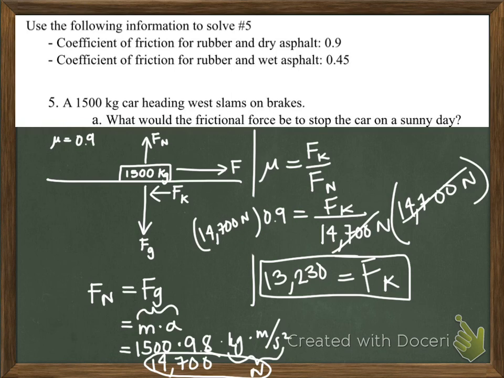Oh, I forgot the unit. That's due to the dry asphalt. It's not going to be the same for water, when it's wet. So hopefully this all made sense for you guys, and you're understanding it a little bit more.